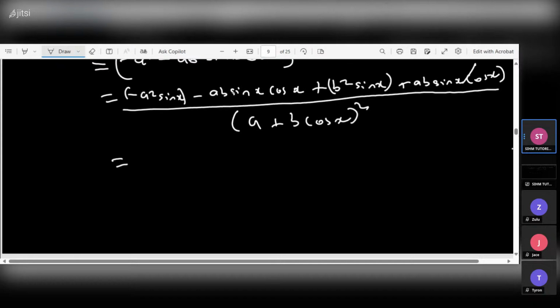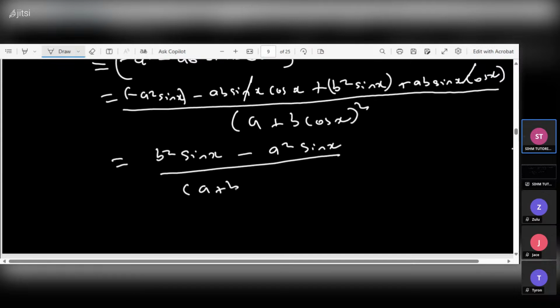So these will minus each other, and we get 0. Now you're left with the b squared sine x, and then minus a squared sine x divided by a plus b, and then cos x all squared. In that manner.